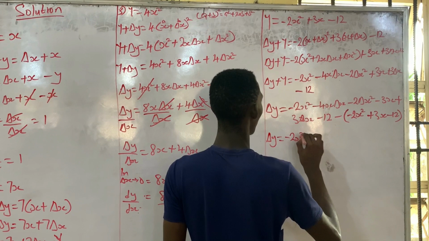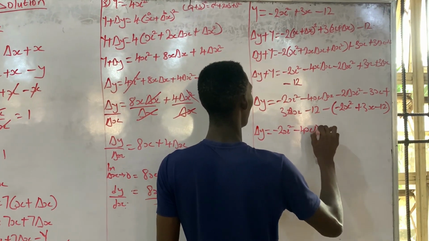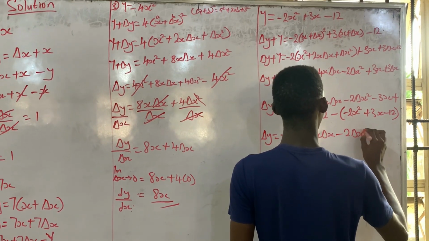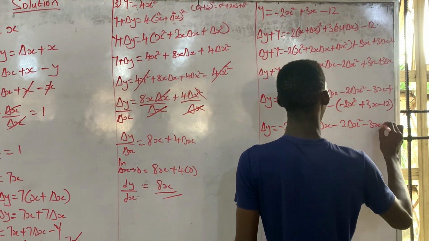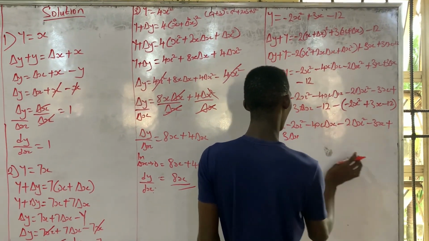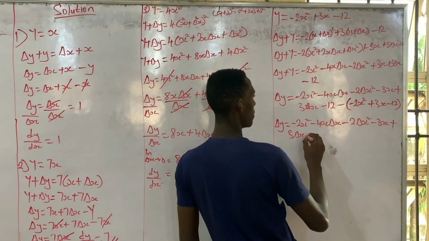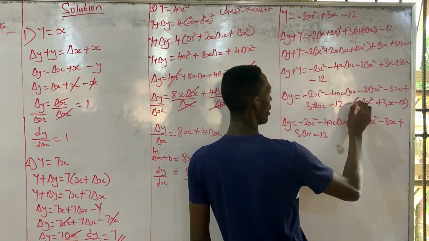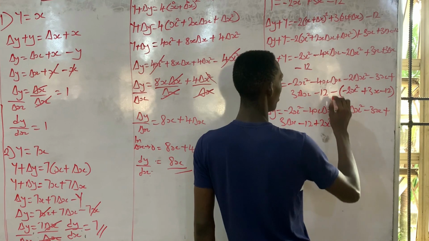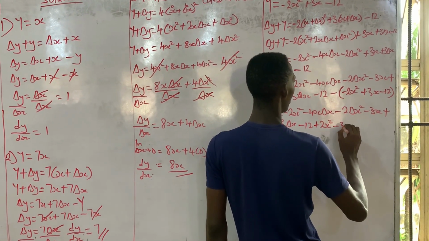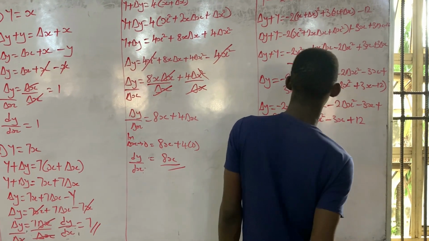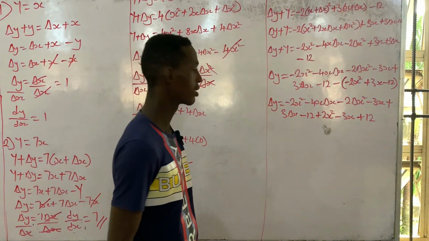Minus 2x squared minus 4x change in x minus 2 change in x squared minus 3x plus 3 change in x minus 12. Minus times minus is give us what? Plus 2x squared, minus times plus is minus 3x, minus times plus is what? Plus 12. Now are you getting the point?